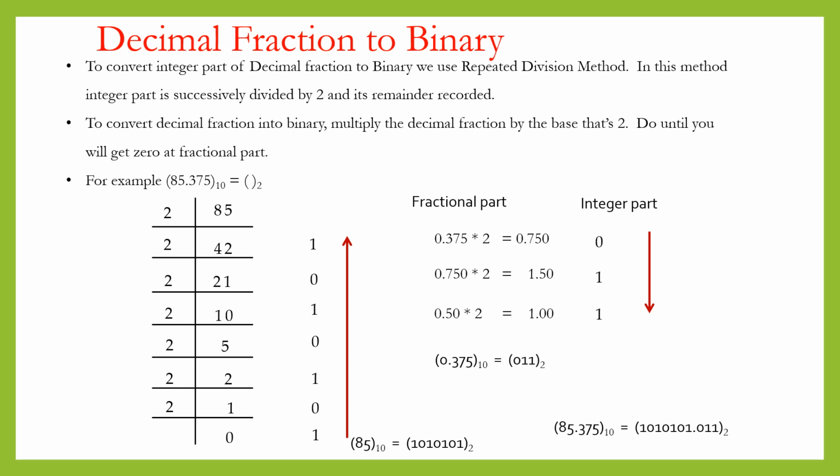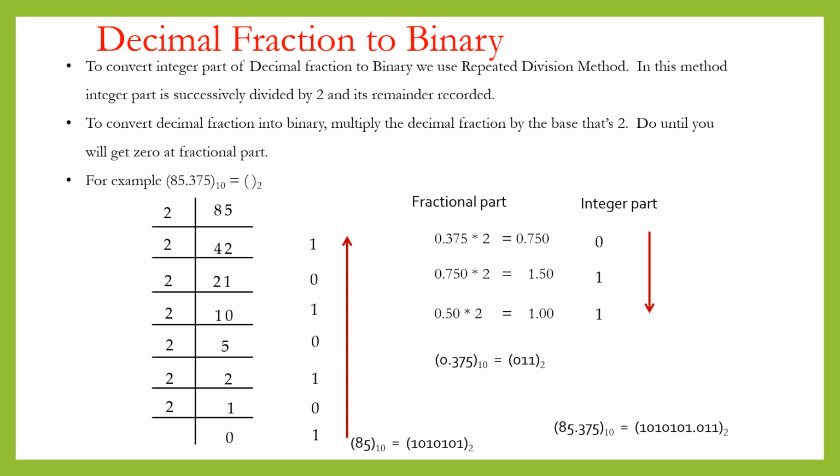And now we have to convert the decimal fraction. For that, the decimal fraction 0.375 is multiplied by 2 and the answer is 0.750. Here we have to record the integer part. Here the integer part is 0. That must be recorded, and we have to continue with the decimal part. Here 0.750 is the fractional part and it is multiplied by 2 and the answer is 1.50.